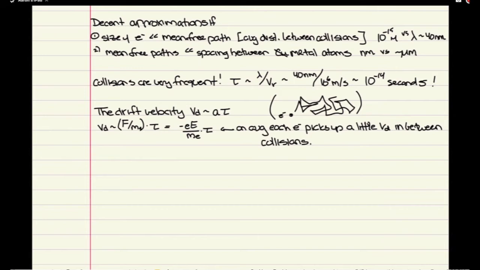And then once it collides, it kind of resets and starts over. So again, don't think of this as the electric field constantly ramping this drift velocity up to higher and higher and higher values. Every time there's a collision, it kind of resets. So on average, it only obtains at max a drift velocity equal to, to order of magnitude, what we've written down as symbols right here.